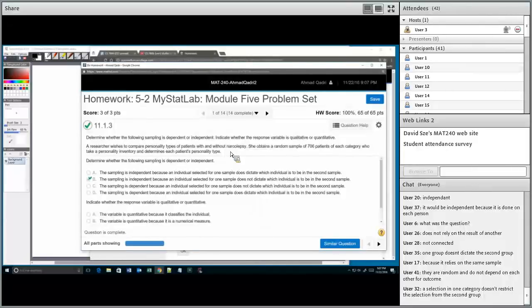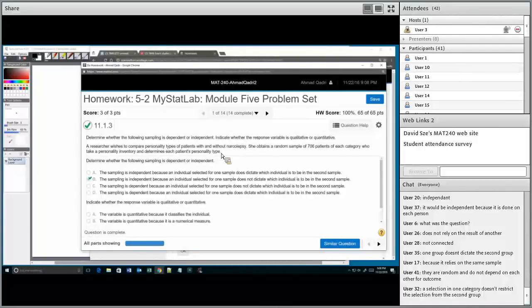The second patient will be assigned independently of the first patient, because I'm only interested in studying the second patient's personality type; it's not dependent on the first one. This is the reason why this sampling method, putting them into one group or the other, is independent.